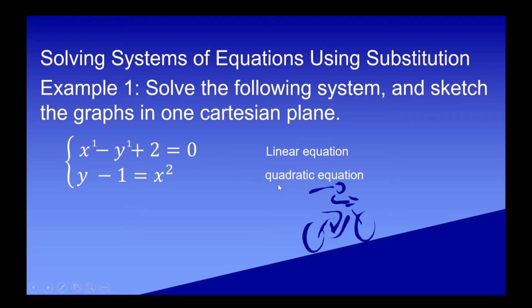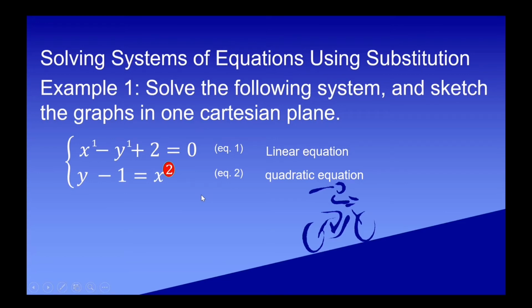Second equation is a nonlinear equation, that is a quadratic equation with the degree of 2. To solve this system, iset natin yung linear equation as equation 1 and the quadratic equation as equation number 2.